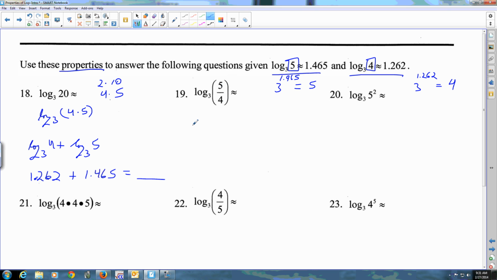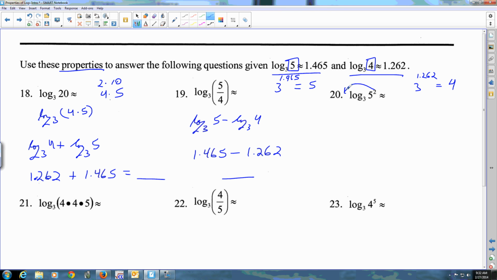Here you're dividing, so you have log base 3 of 5 minus log base 3 of 4. They tell you log base 3 of 5 is worth 1.465 minus what log base 3 of 4 is worth, 1.262. And then you do that subtraction, and that would be your final answer.